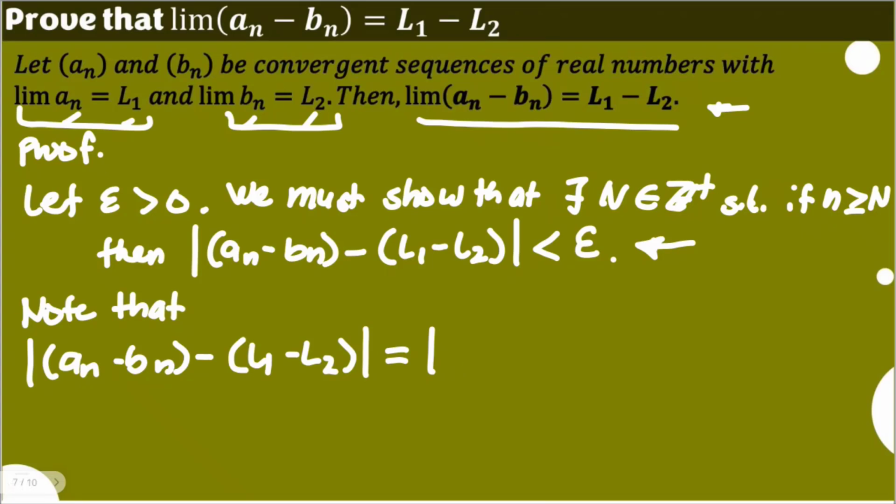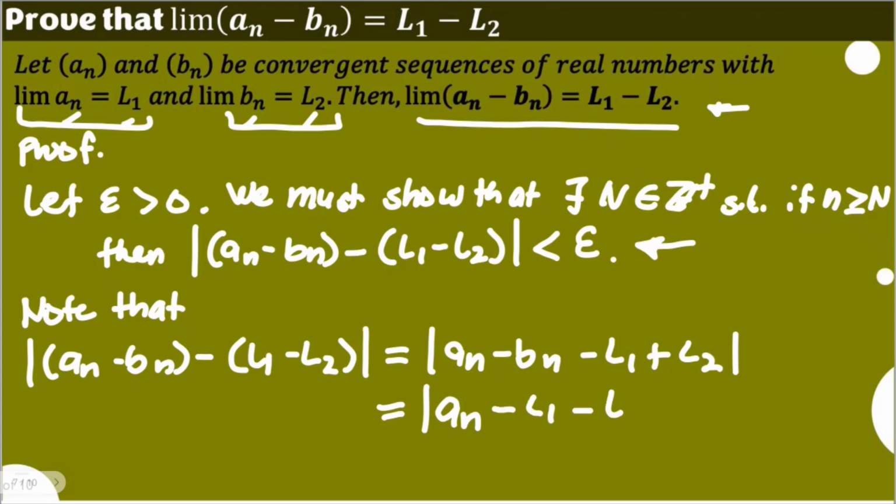So you will have a sub n minus b sub n. Take note, once you remove the grouping symbol, you'll be distributing the negative sign: minus L sub 1 plus L sub 2, because that's minus minus. Then you rearrange this to again pair a sub n and L sub 1. So a sub n minus L sub 1, minus b sub n plus L sub 2.